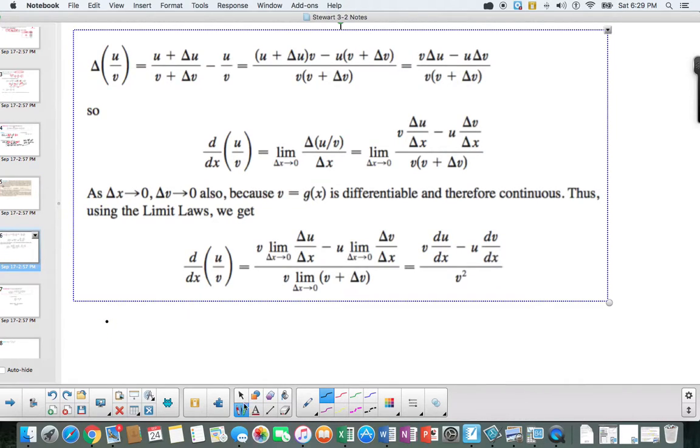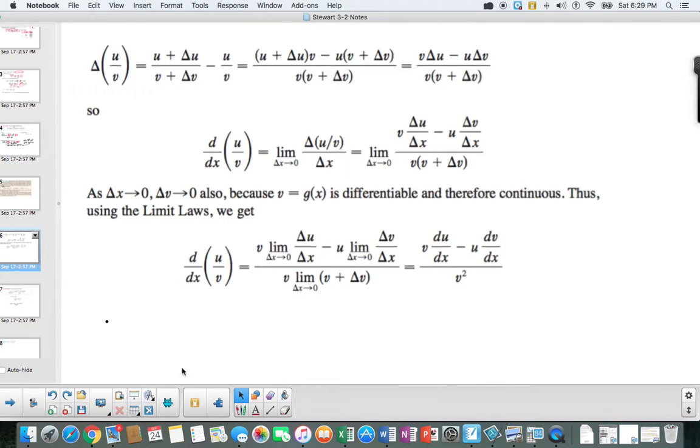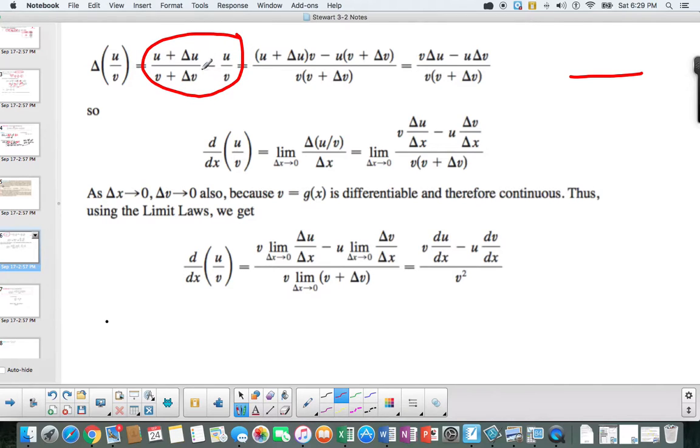Quotient rule is a little bit more involved. We're going to go through the same process that we did with the product rule, in that we're going to take a look at the difference quotient. We're going to take a look at the numerator, and in the numerator, we're going to want to take the function with a little change minus the function.